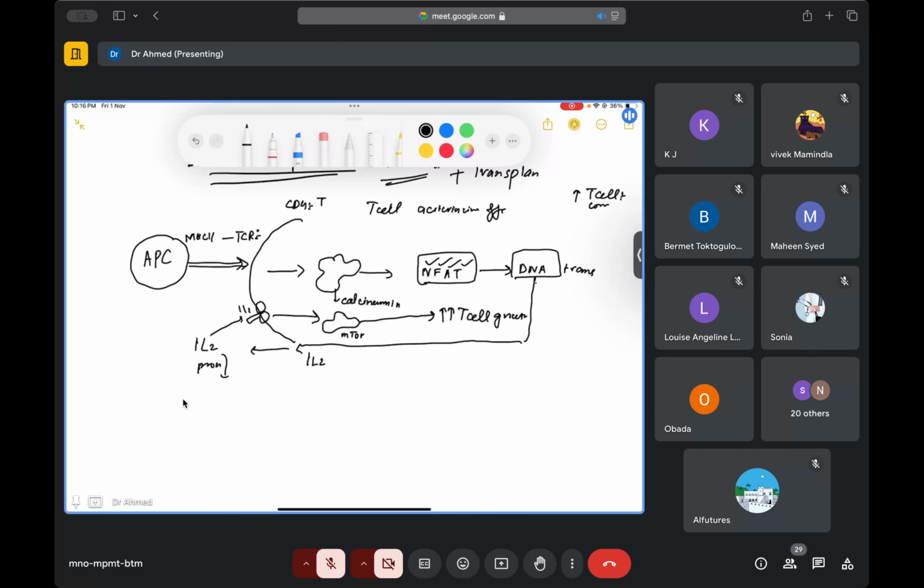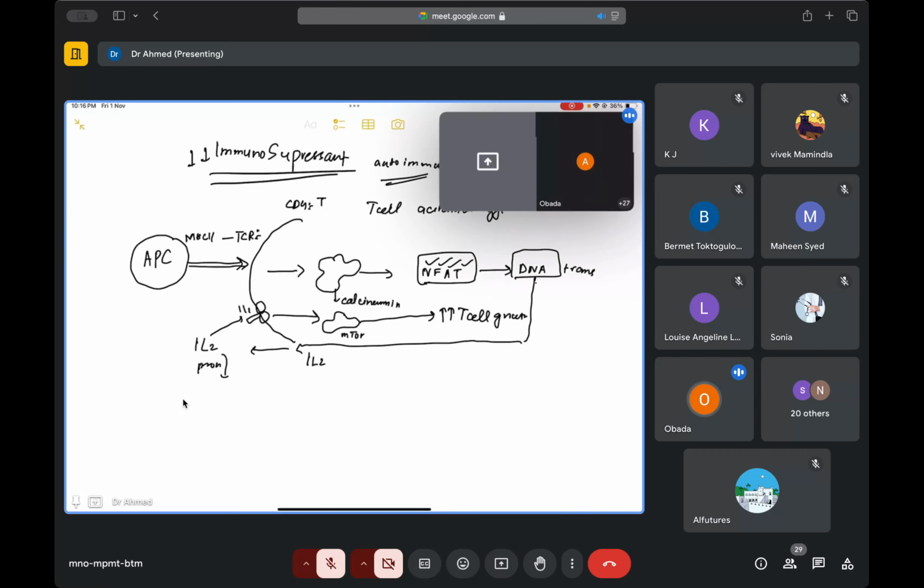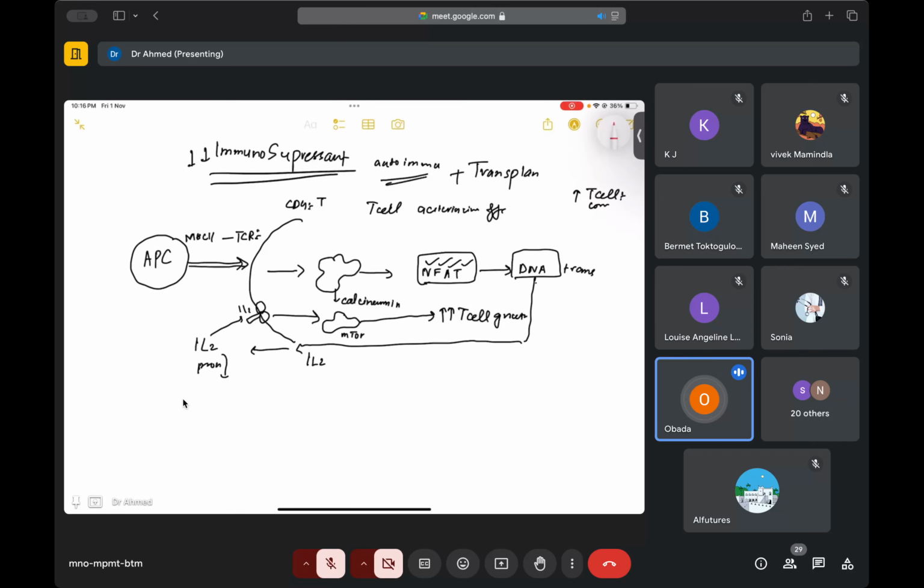Anyone who can revise this pathway for us? Hello? Okay. Yes, thank you, doctor. First of all, antigen presenting cells interact with the naive CD4 T cells. That will release a mediator called calcineurin.